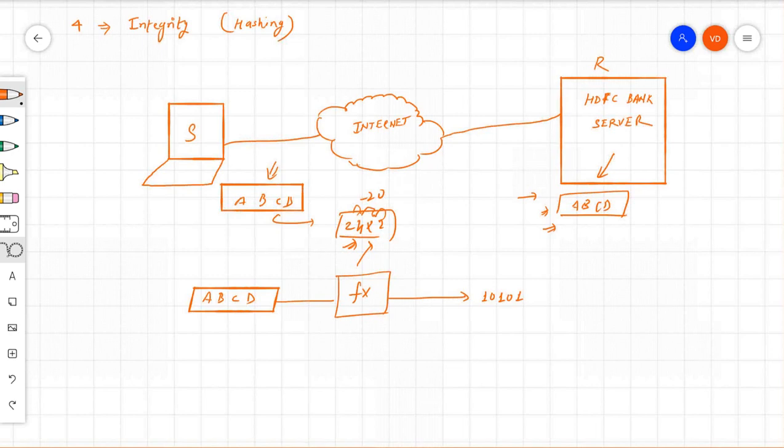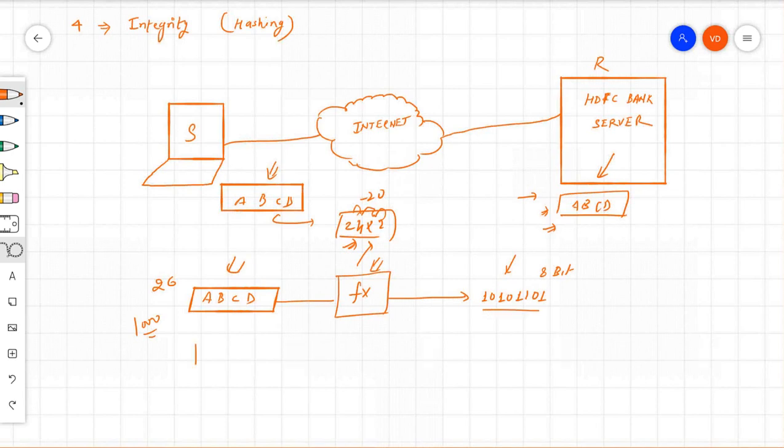It always generates a fixed value. I am taking an example of, say, 1, 2, 3, 4, 5, 6. This function always gives me a value which is 8 bits long, doesn't matter the size of the message. It can be 26 characters, it can be thousands of characters. Whatever there is in the message, if I pass it through this function, it will always give me this 8-bit value.